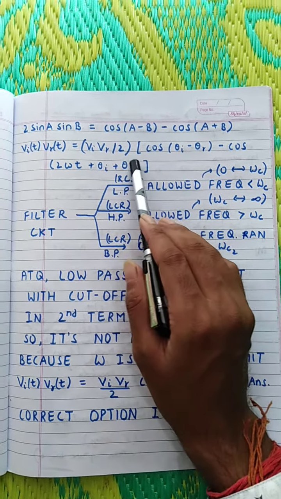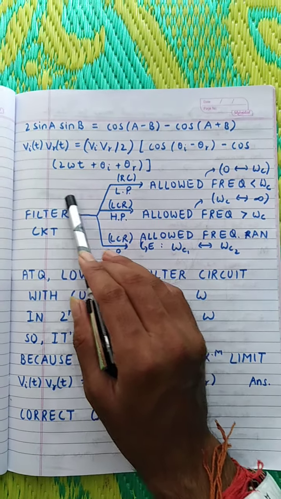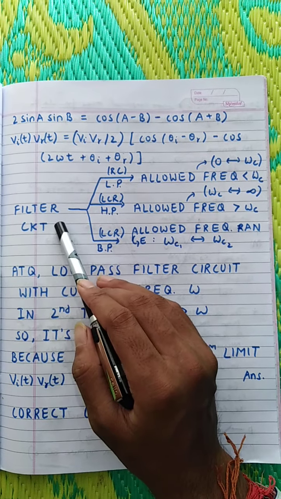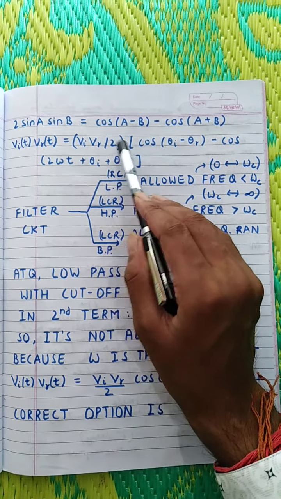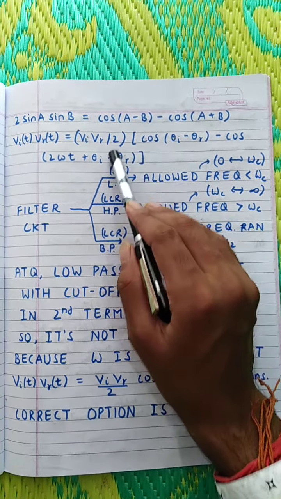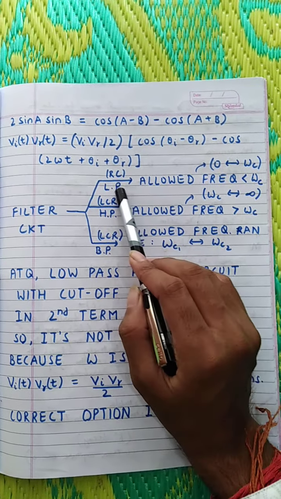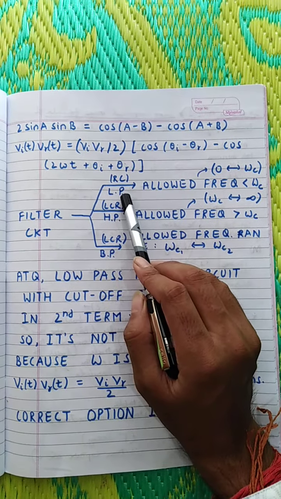We have to use now some basics involving the filter circuits in electronics. So let us understand some basics, then only we can guess the answer from this expression. Filter circuits are basically of three types. First is the low pass filter circuit.